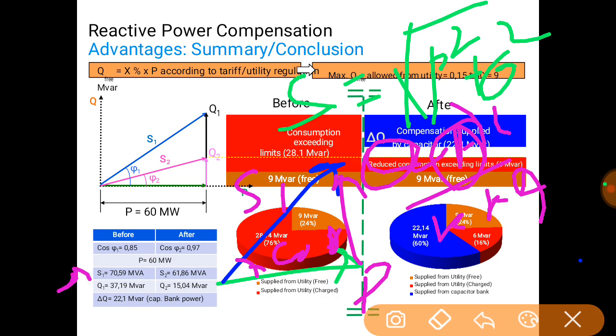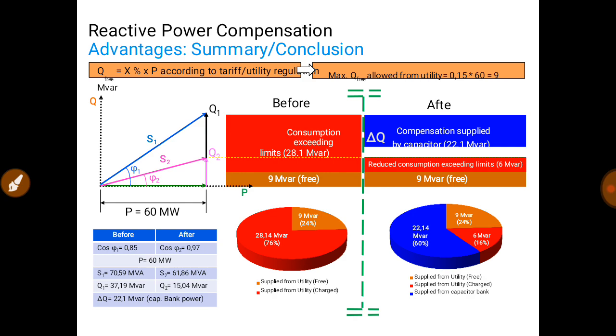Then we calculate the vertical axis Q. Here we find Q1 and Q2 by calculating it. I did not show the calculation because the video length is very long.